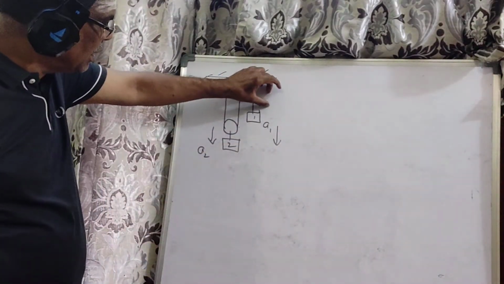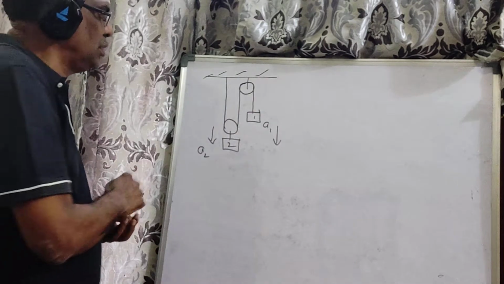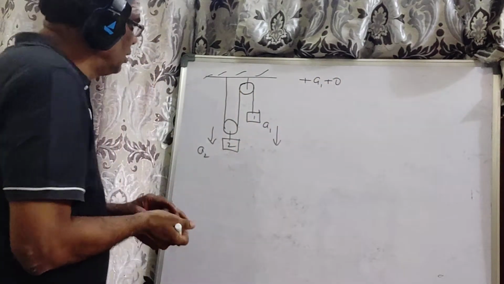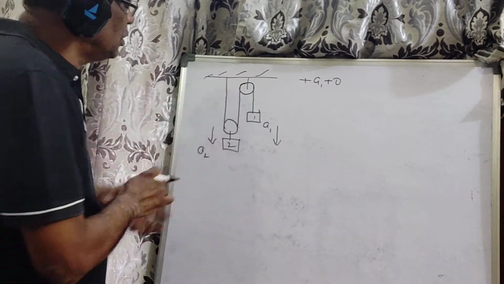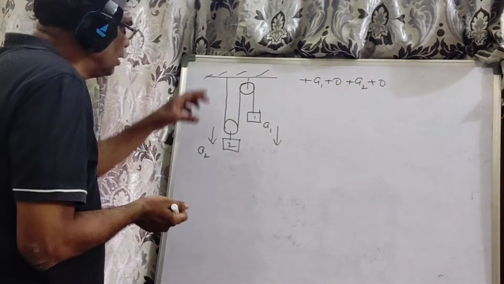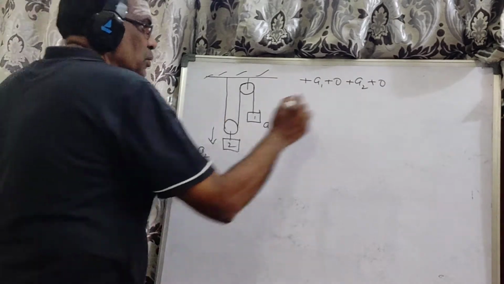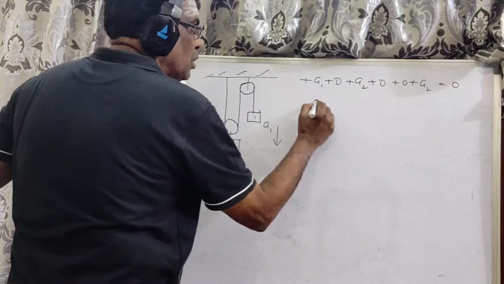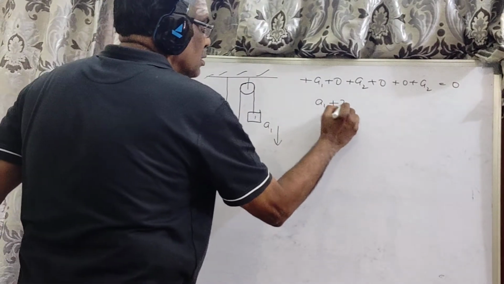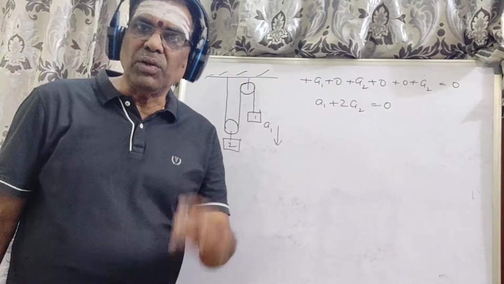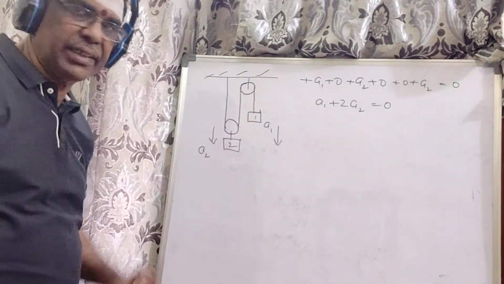Use the same technique. Plus A1, 0. This. Plus A2, 0. This. 0 plus A2. What are you getting? A1 plus 2A2 is equal to 0. That's how you get it.